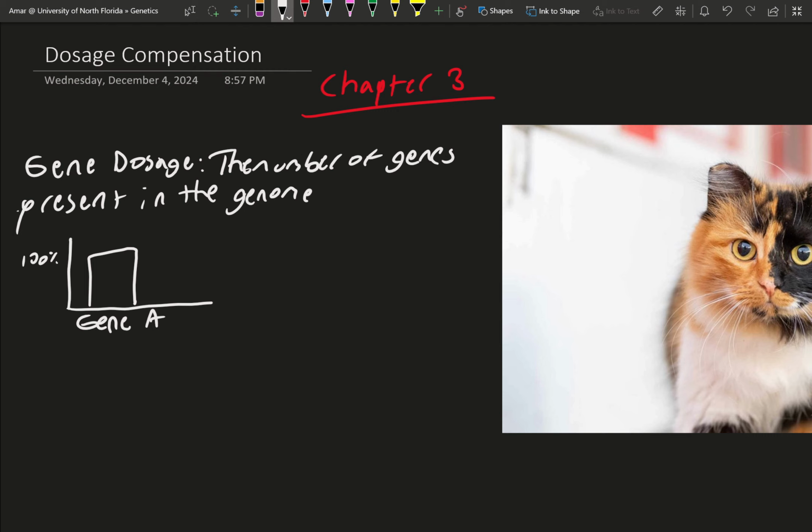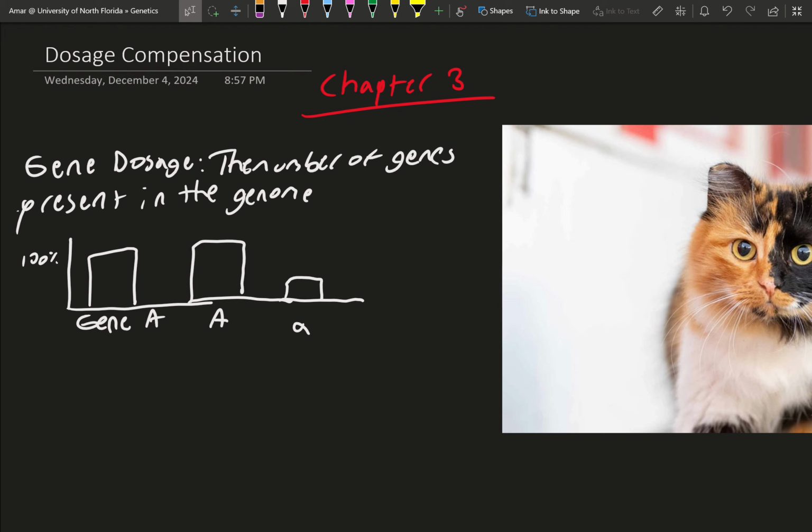And we can say that for this particular gene, you would have a dominant allele, which will be big A. So big A will give that much amount of activity. Whereas if you had a recessive allele, like little a, it will give less activity.